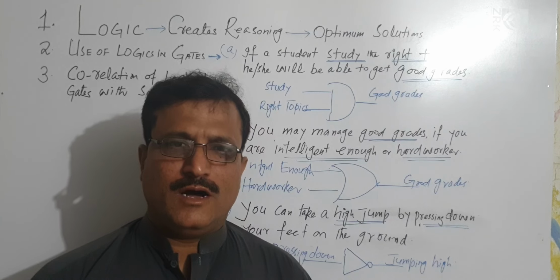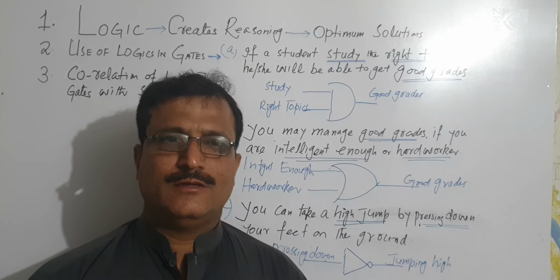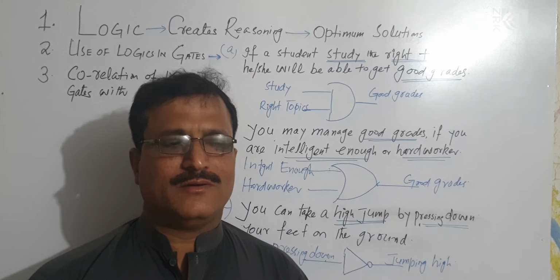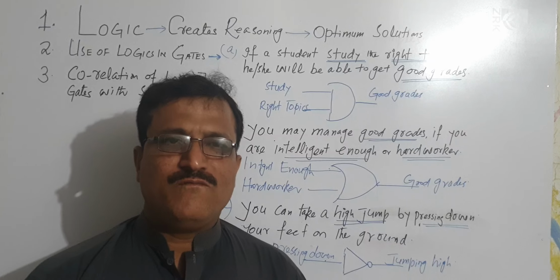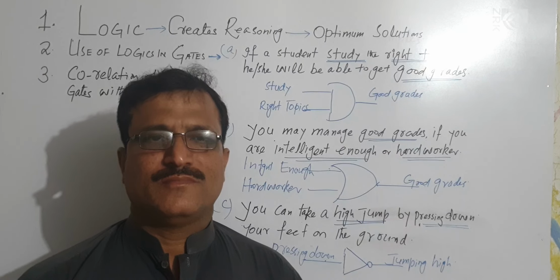So now how can we get the optimum or right decisions? It is based on reasoning. Every problem has certain reasoning.